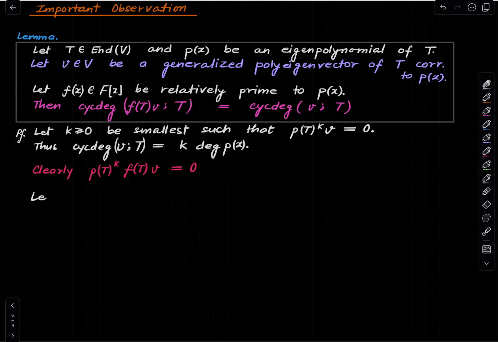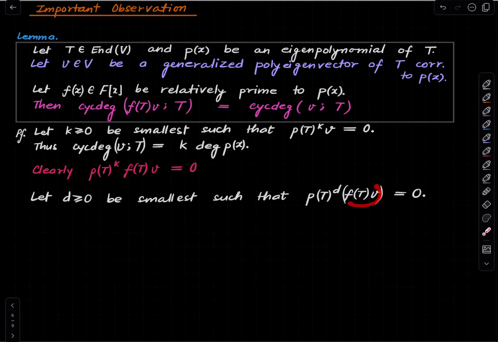So let d be smallest such that this thing is 0. So that the cyclic degree of this guy is d times the degree of p(x), right? That's what we get from using the previous theorem once again. Okay. So assume on the contrary to the proposition that d is strictly less than k, and we want to produce a contradiction.